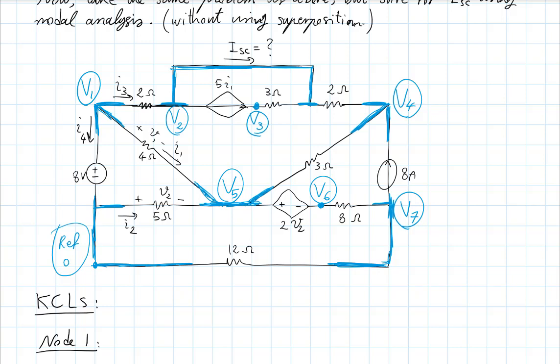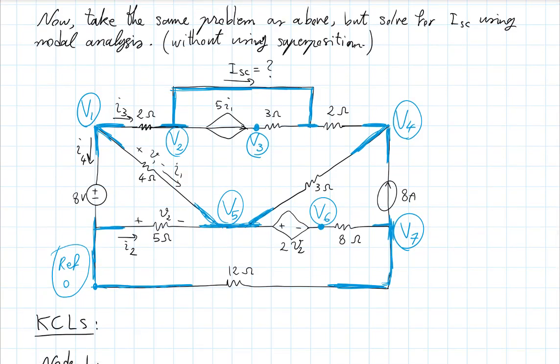Then on the other side, I have, let's say, this current going into the node. Now, what is that current? That's the current through the 3 ohm resistor. So that's V3 minus the other side, which is V2, divided by 3.